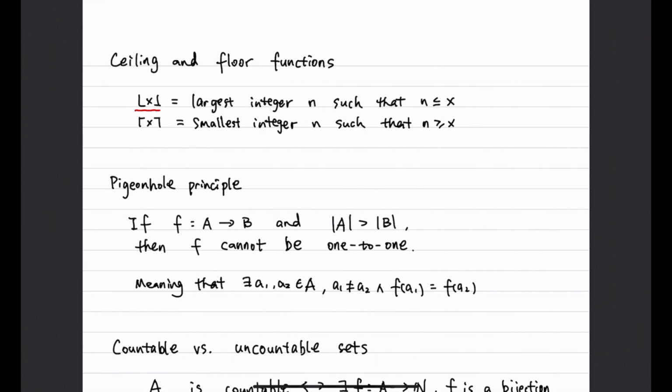Similarly, the ceiling function is denoted by this notation. It's also a function from the real numbers to the integers, and it maps a real number x to the smallest integer n such that n is larger or equal to x.